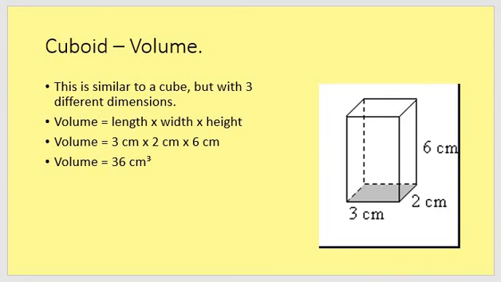I think the volume of your cuboid is actually easier because all you've got to do is make sure you've got the 3 different lengths, the width, the depth and the height, and multiply them together. And 3 times 2 is 6, and 6 times 6 is 36. Remember that you've got 1, 2, 3 measurements, so you'll have a 3 as your superscript or your indice, whichever one you want to call it.